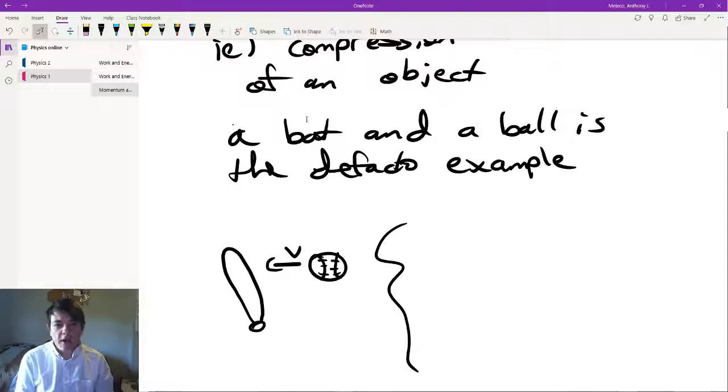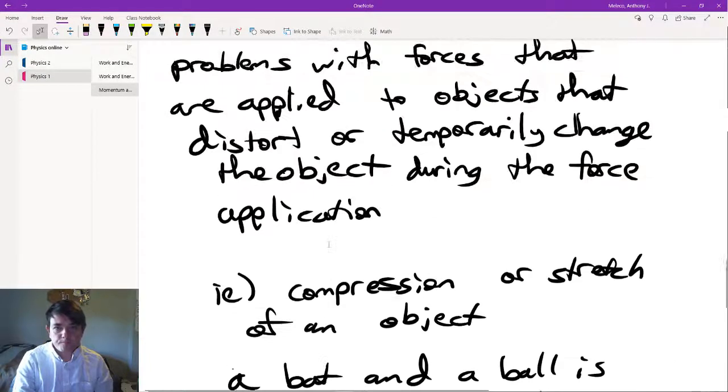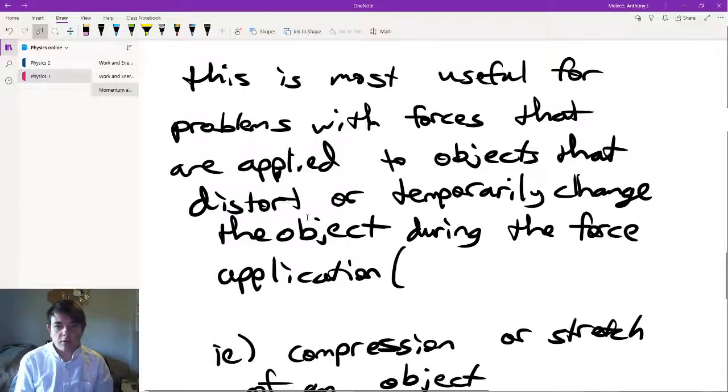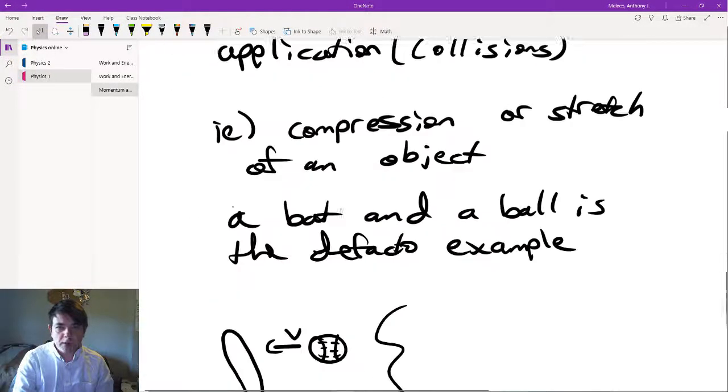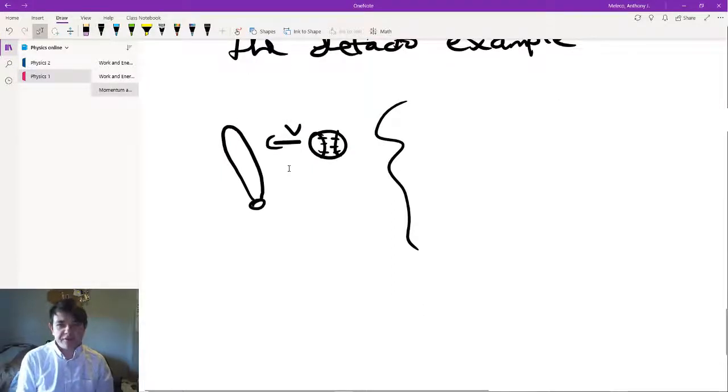And what happens is when this bat collides with the ball, that's really the key here, collisions, hence the name momentum and collisions for the lecture. So let me just write it up here. So collisions, okay. Or certain types of collisions. So this ball will hit this bat, and if you see a camera that can film it at an absurd number of frames per second, what you'll see is that the ball and the bat both go through compression, and they change while the force is being applied.